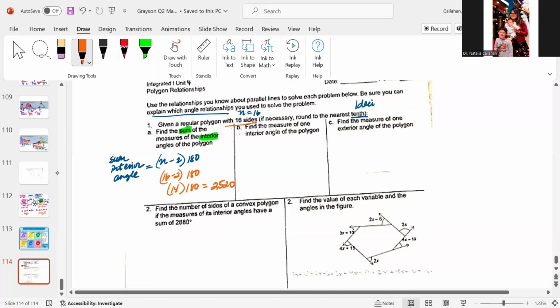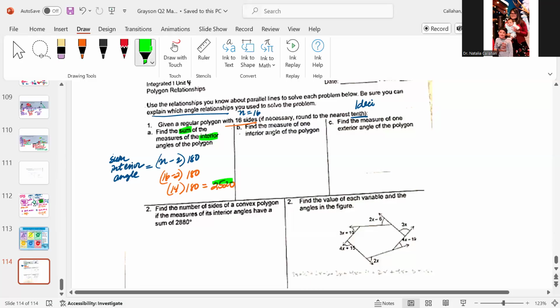No, no. Okay. 14. This represents the sum interior angles. So if I have a shape that has 16 different sides, which is going to be really crazy, that represents all of the angles on the 16 angles inside the shape, okay? And it adds up to 2520. Does that make sense? It's important to know the interior, exterior, inside, outside, sum, each, okay?